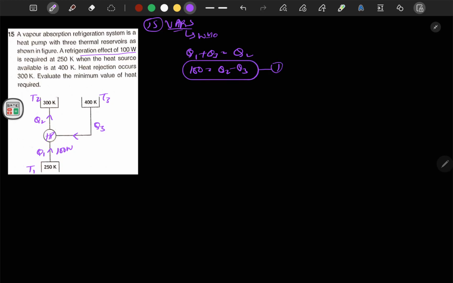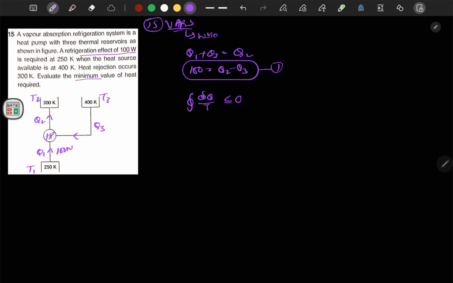Okay, now since the cycle is reversible, for the minimum value of heat required, let's assume the cycle to be reversible. Or without assuming reversible also, we can say that we know that the summation of del Q by T should always be less than or equal to 0.